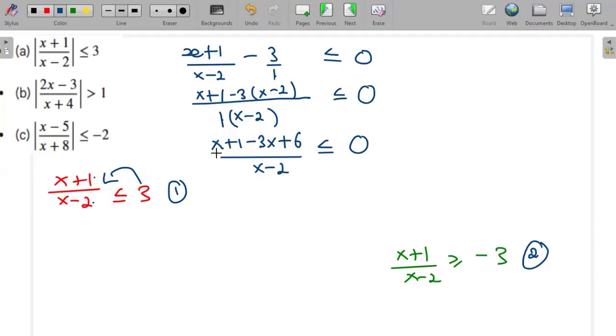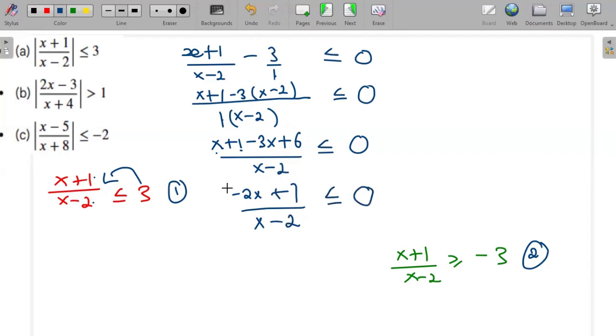On top it is x minus 3x, that will be minus 2x, and then 1 plus the 6, so we get 7. So that will be (-2x + 7)/(x - 2), less than or equal to 0.